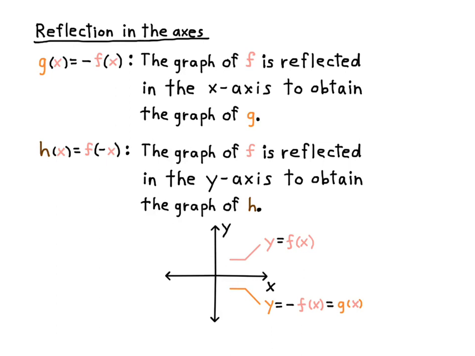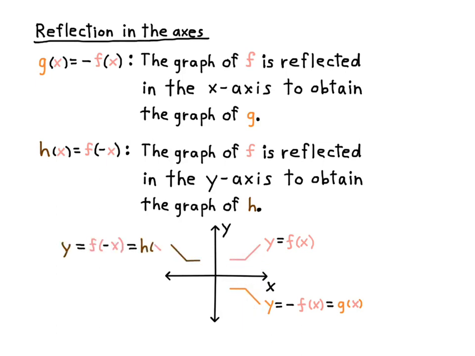So that flips it upside down. It makes all the y values the opposite of the original y value. So if this was height 1 here, this would be height minus 1. If this was height 2, then this would be minus 2. But the same value of x, right?